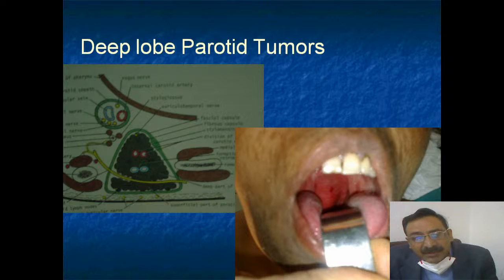Or if you do a bimanual palpation or a ballotable test, wherein you put one finger inside the mouth and the other in the retromandibular area and ballot it, then you might be able to ballot the tumor or bimanually palpate the tumor, which are again signs of deep lobe involvement. So any patient with a parotid tumor, you should look inside the mouth, and you should try and ballot and feel.